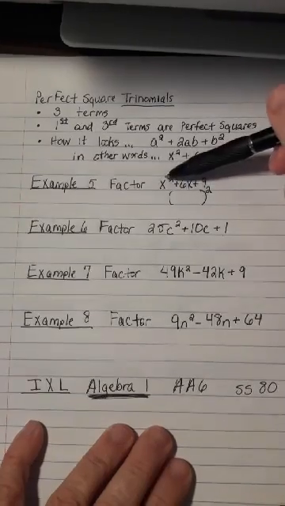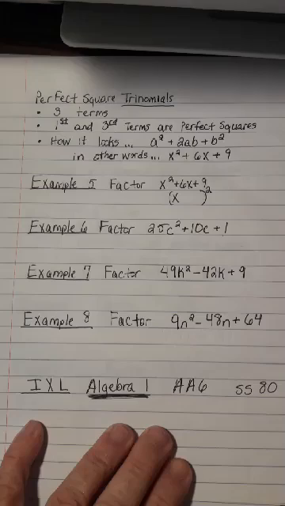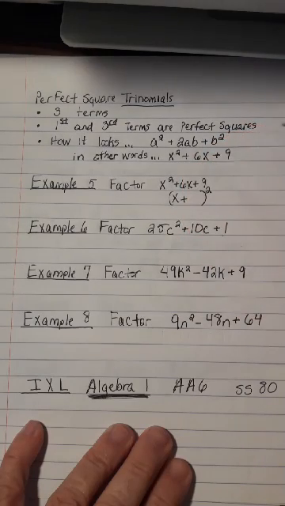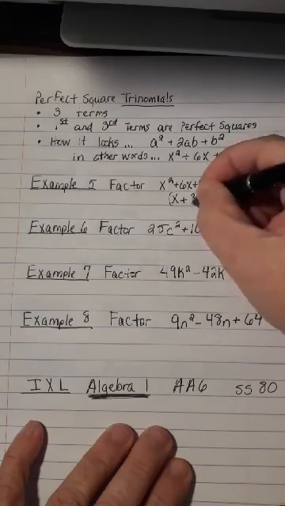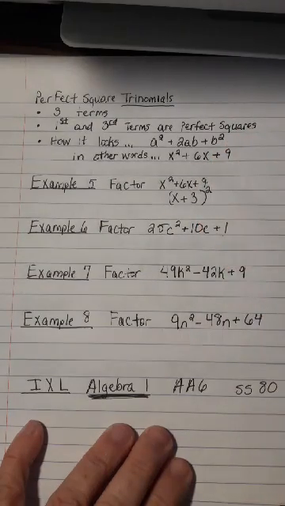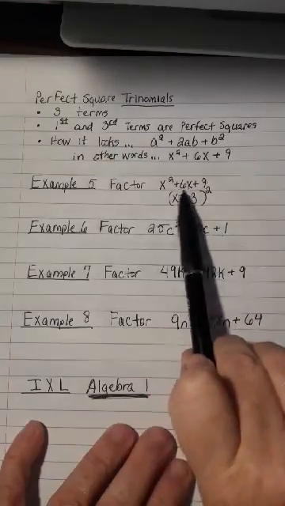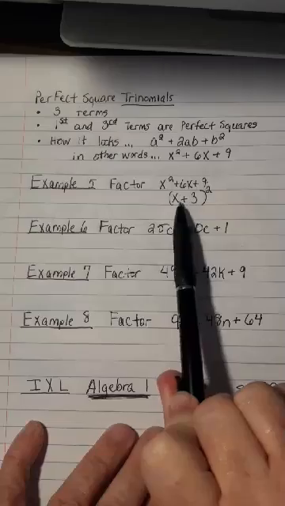And then you just take the square root of the first term and write it in the first term in the parentheses. Use the sign of the middle term. And then take the square root of this last number, which is 3. That's all you have to do. Now, where the 2ab comes into play and where this 6x comes in is you just need to multiply these 2 terms together.